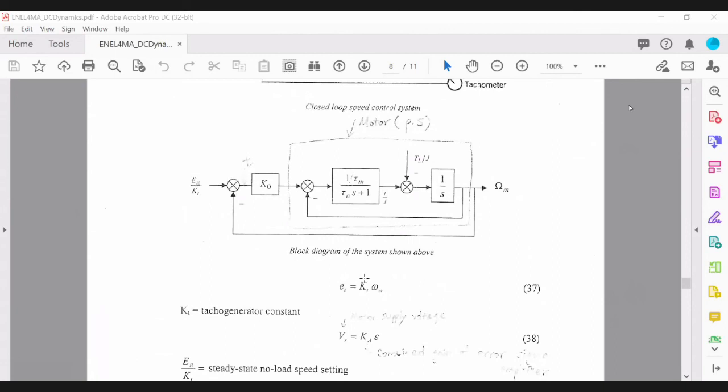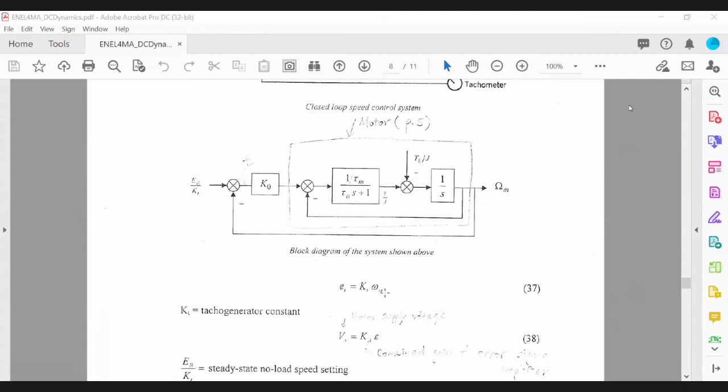Kt is the tacho generator constant. So the voltage Et, which is the terminal voltage of the system, is the product of Kt times omega m. All right, so that's equation 37.